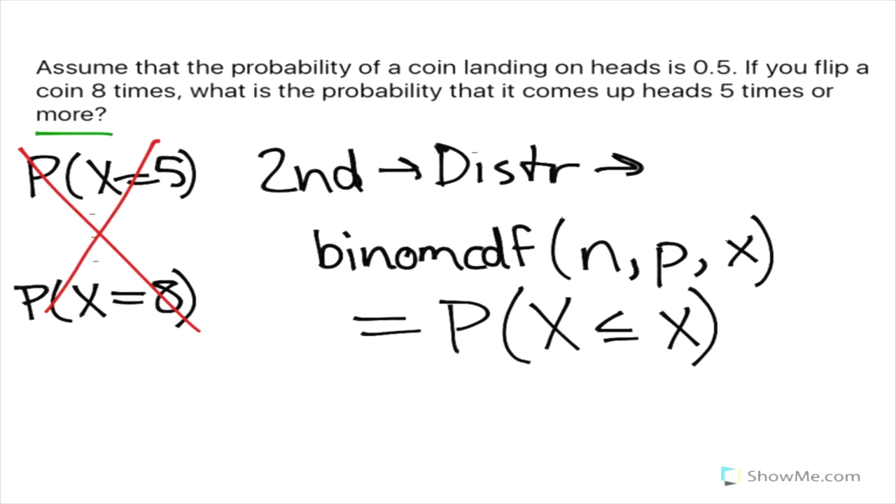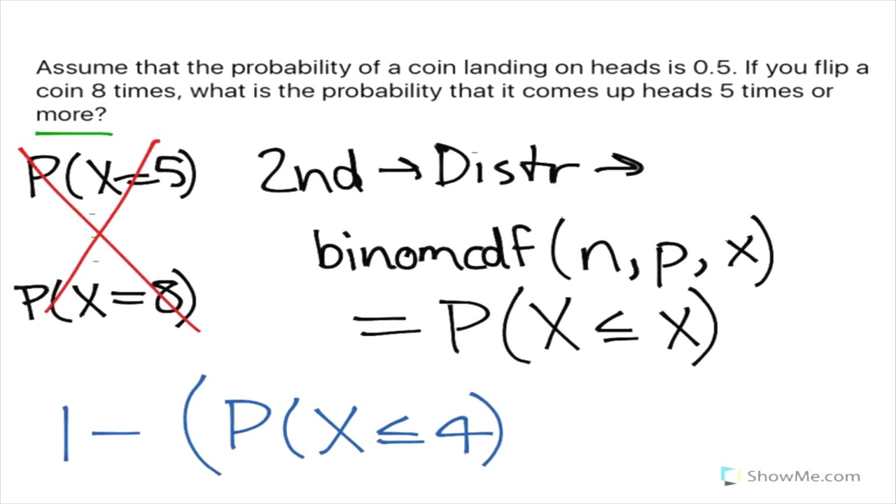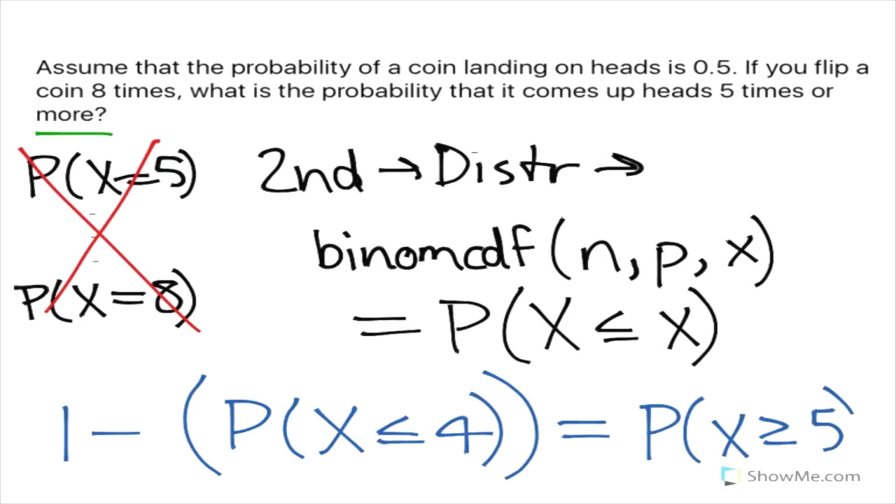So what we can do is calculate the probability that x is less than or equal to 4, and then if we subtract that from 1, that gives us the probability that x is greater than or equal to 5, because remember, this is discrete data. It has to be a whole number.